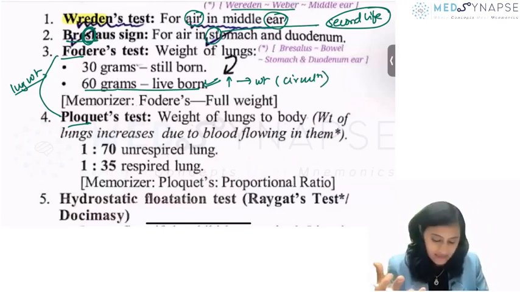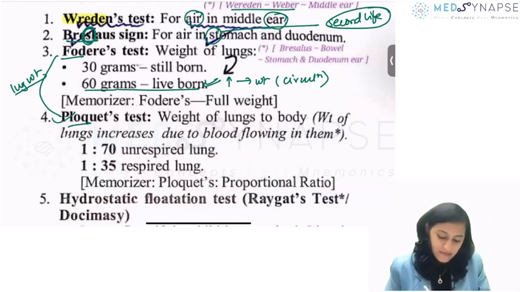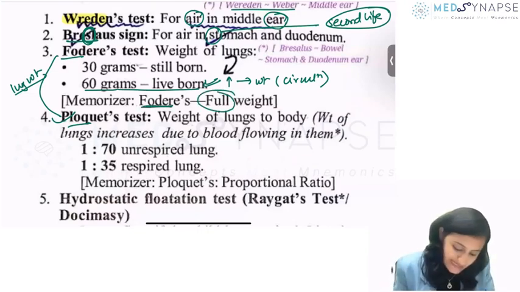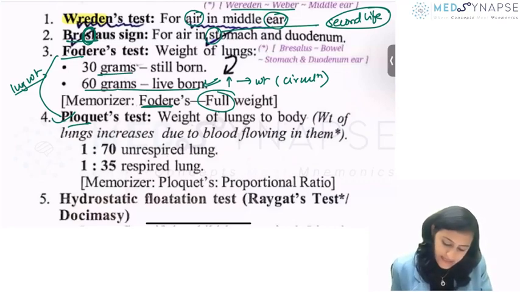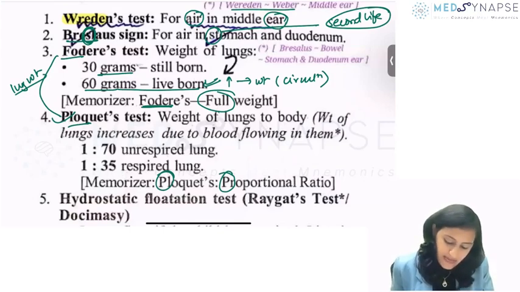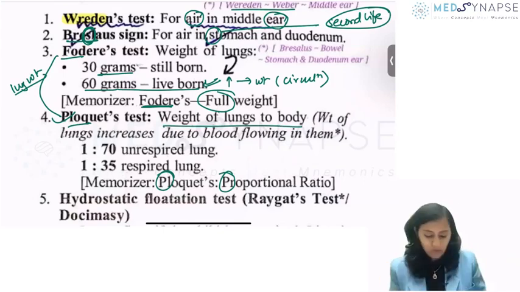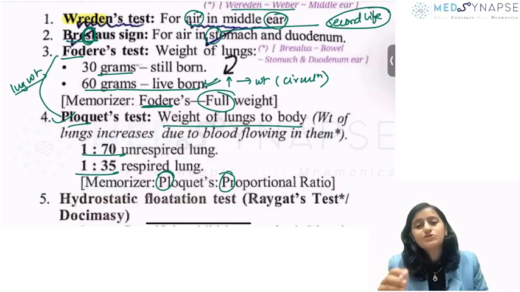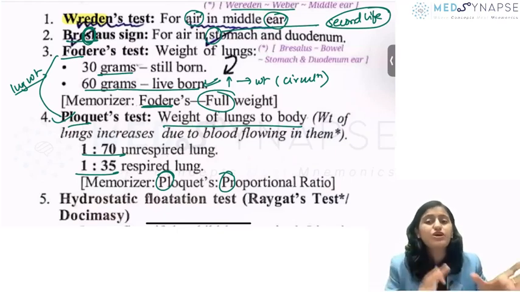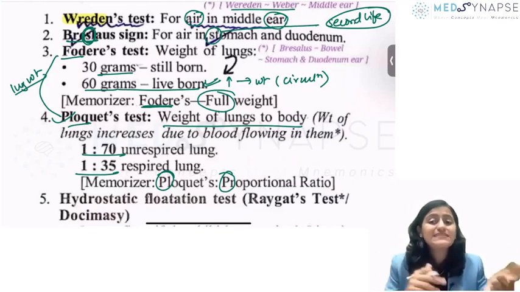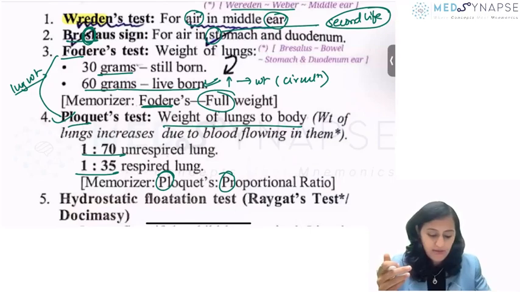And Plockett says the same thing. The difference here only is Fortier's is the absolute weight, you weigh the lung, and Plockett's is proportional, P for P. So weight of the lungs to the body, you are taking the proportion 1:70 and 1:35. So remember, Plockett's is proportional, Fortier's is full weight, absolute weight, Redden's is Weber's ear, Breslau is S, second life, stomach wala air.